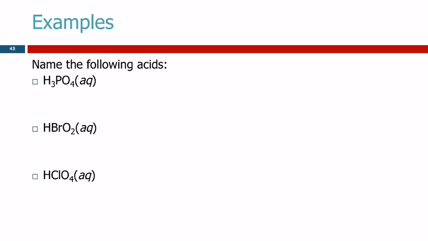When we look at this, it starts with H. That's another clue that it can be an acid. And here we have oxygen. So we're going to separate the H from the rest of it, kind of like we did with those ionic compounds. I want to look at this oxyanion. What's the name of that?